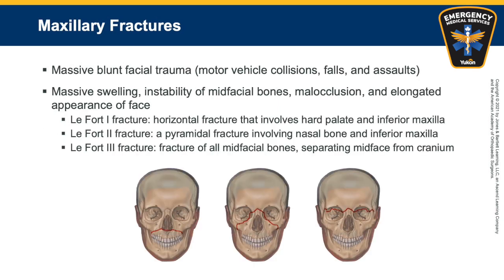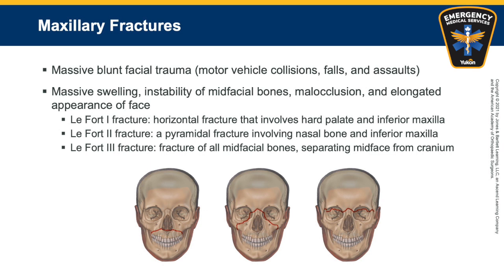Maxillary fractures are broken down into three types. They are called Lefort. As you can see here, there's a type 1, type 2, and type 3. The most severe case is number 3 here. As you can see, it causes a fracture right through the eye sockets and actually causes a separation of the facial bones from the skull itself.